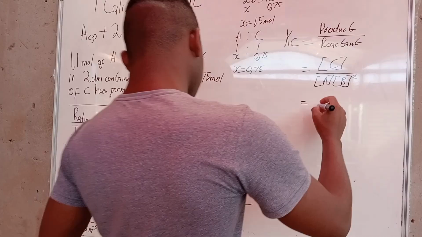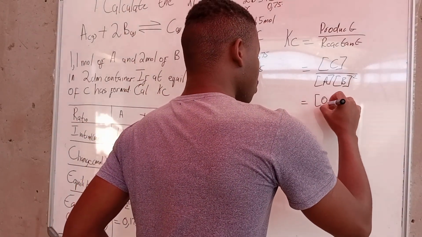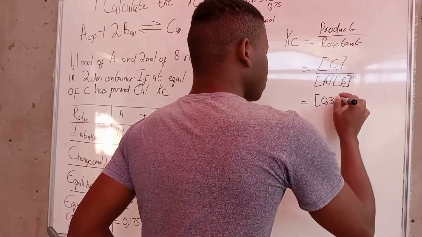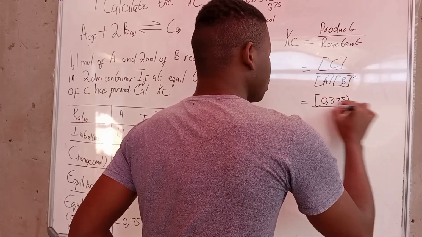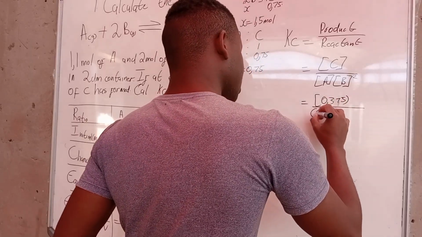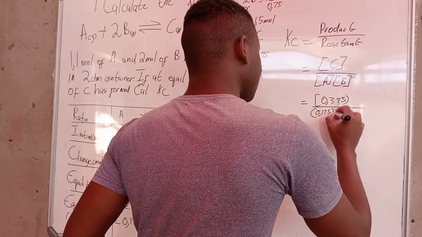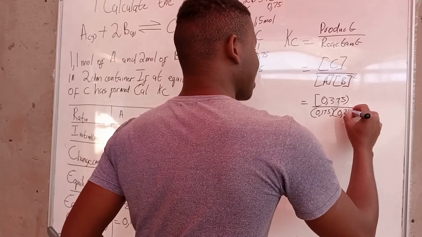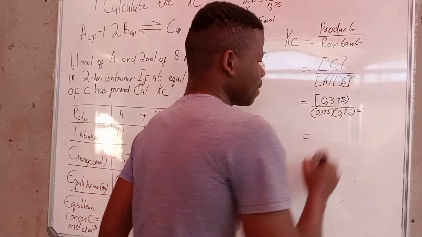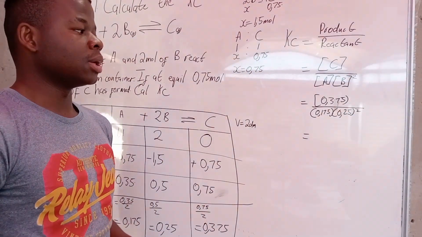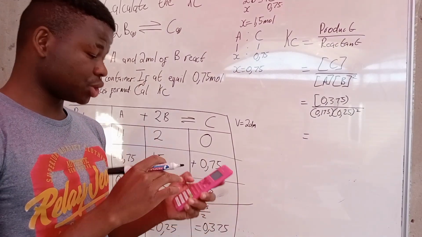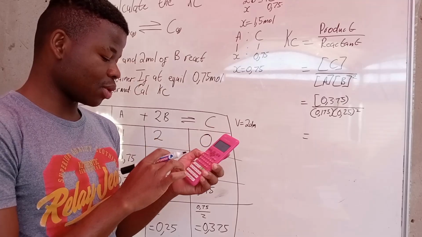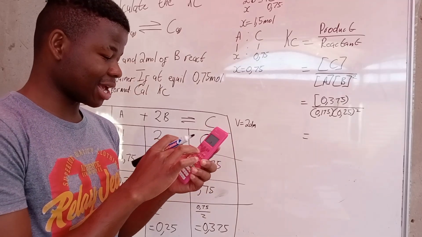Then my C is 0.375. And then your A is 0.175. And then your B is 0.25 squared. Whatever. So now you just substitute it in your formula or on your calculator and do your mathematical gymnastics.